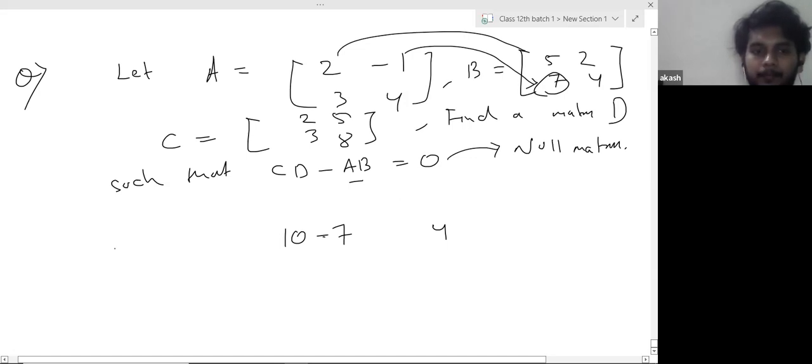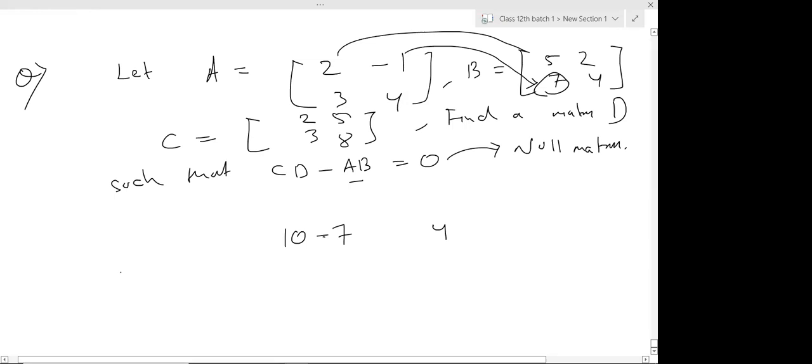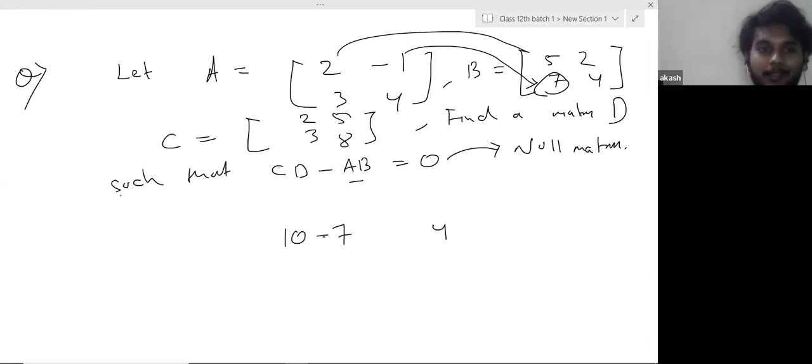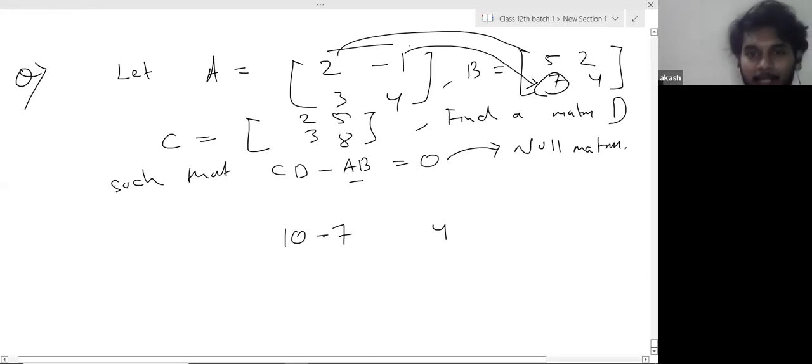I did 2 into 5 plus 3 into 2. I told you again, Shekhani was repeating the same mistakes, right? Take the first row and the first column. Whichever matrix is written first, you have to take the row first.